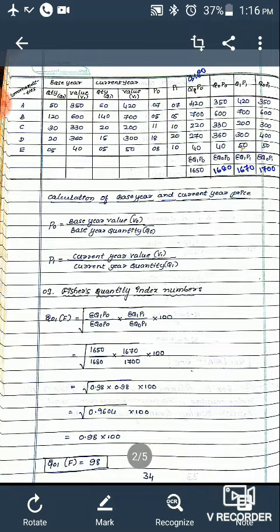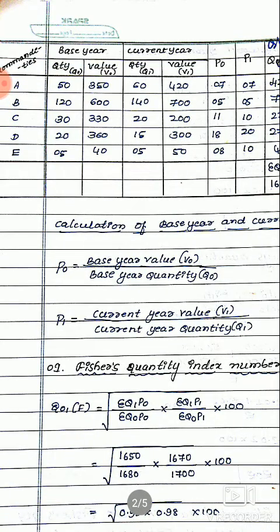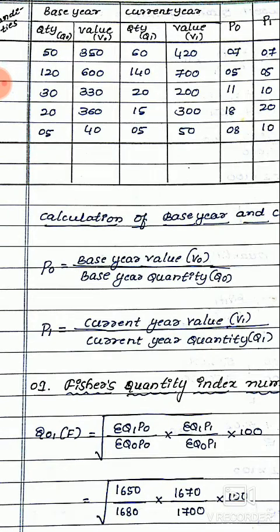He has given commodities A, B, C, D, E and base year quantity and value, current year quantity and values are given. Here base year quantity 50, 120, 30, 20, 05 and base year values are given 350, 600, 330, 360, 40 and current year quantities are given 60, 140, 20, 15, 05.